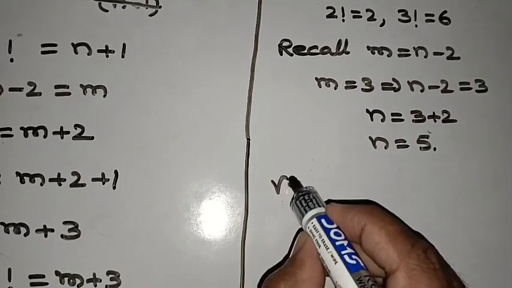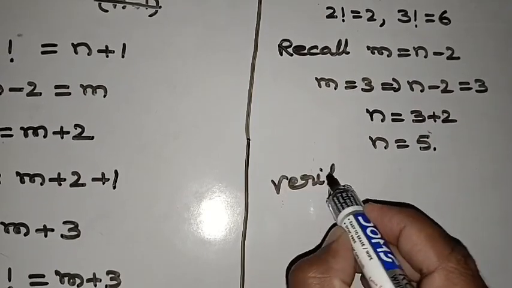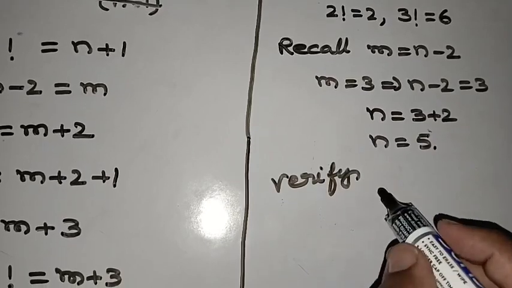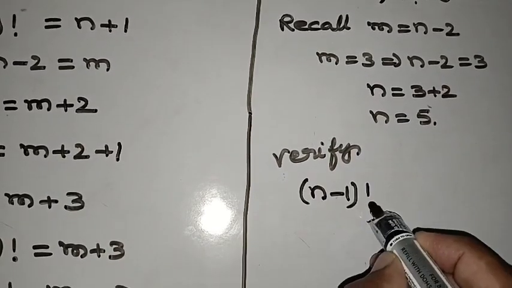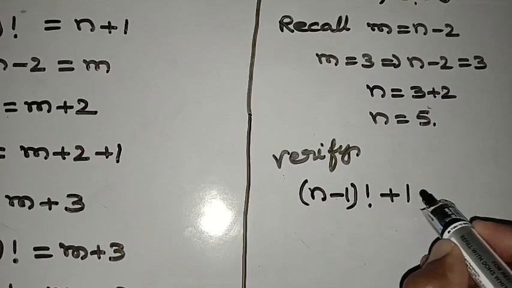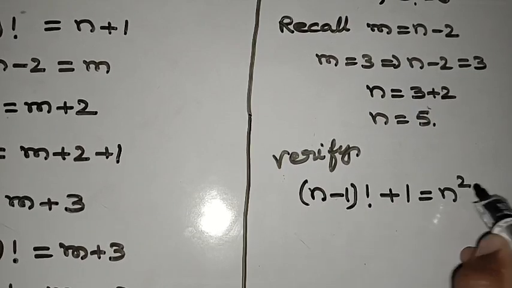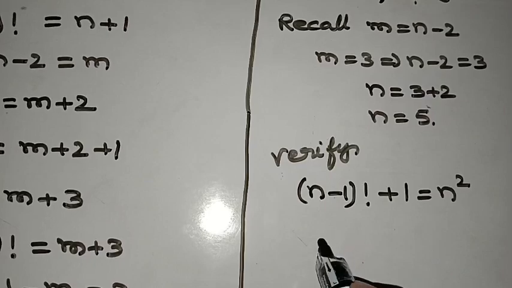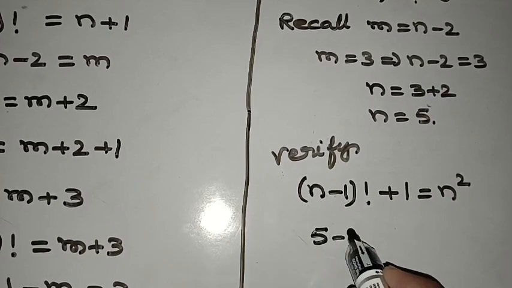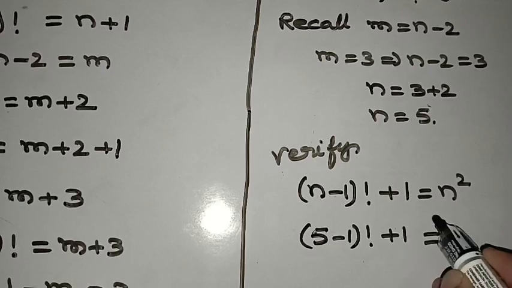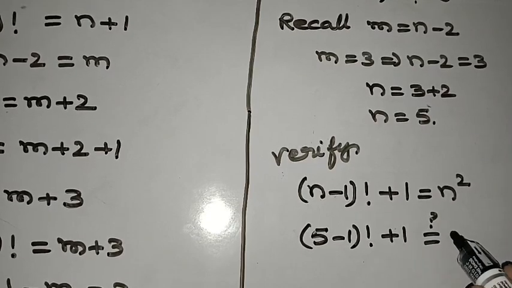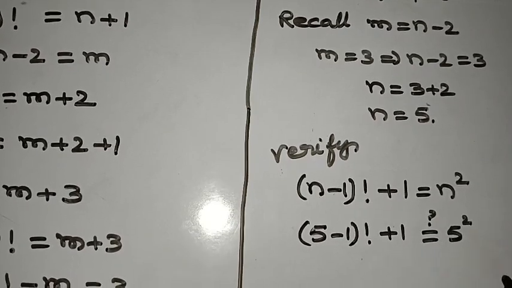For that we now verify it. The equation is (n − 1)! + 1 = n². Substituting n equal to 5: (5 − 1)! + 1 is equal to 5²?